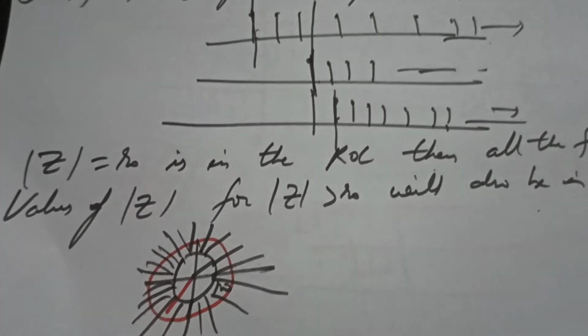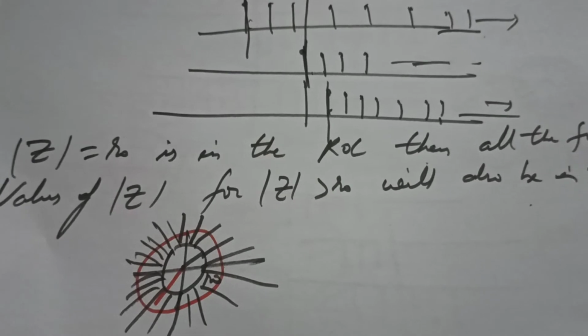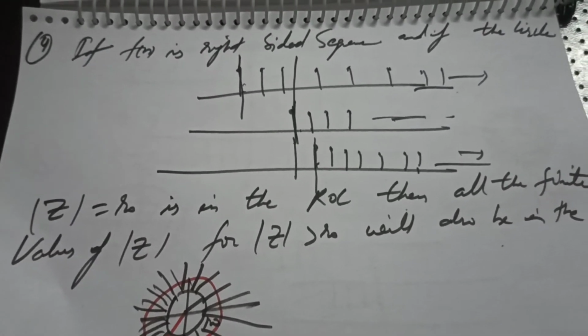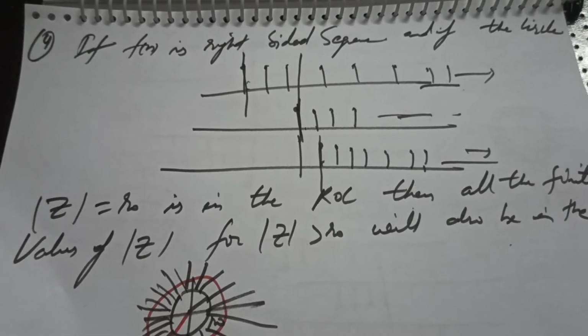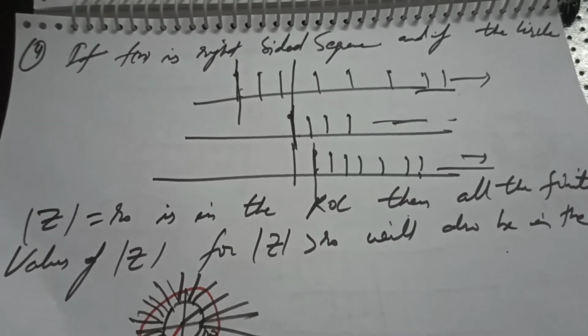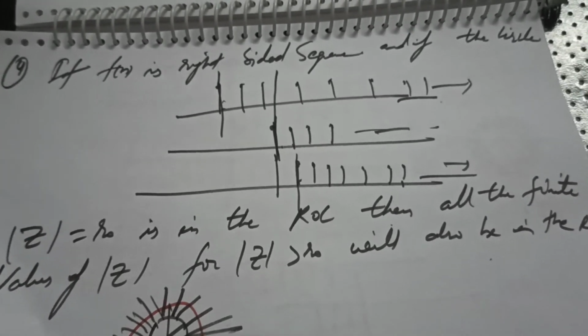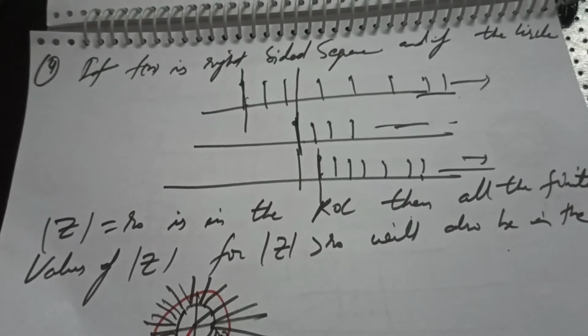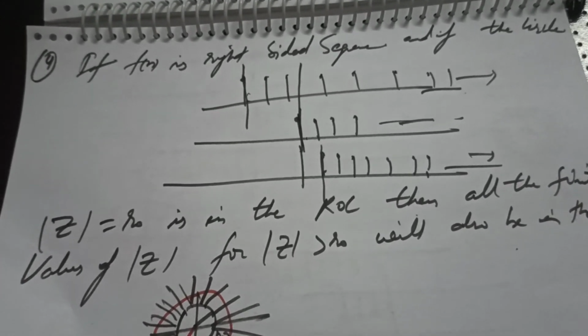Why? Because we know that for a right-sided sequence, the ROC will be the outermost region of some circle, outside the region of some circle.